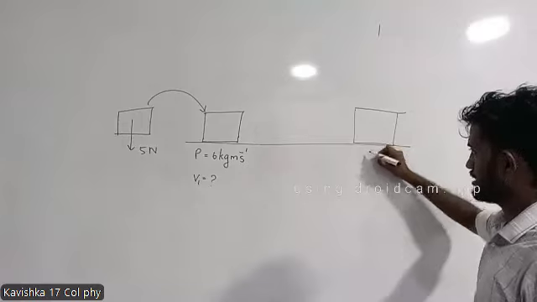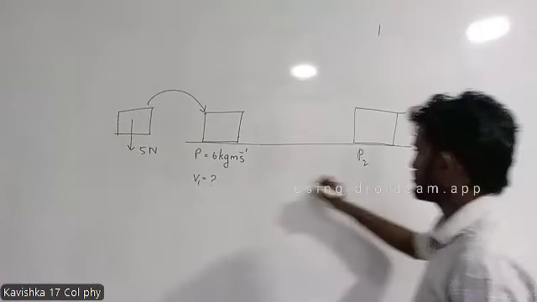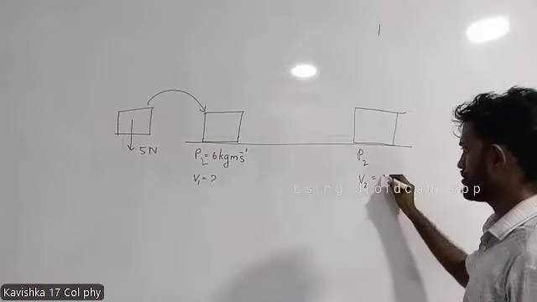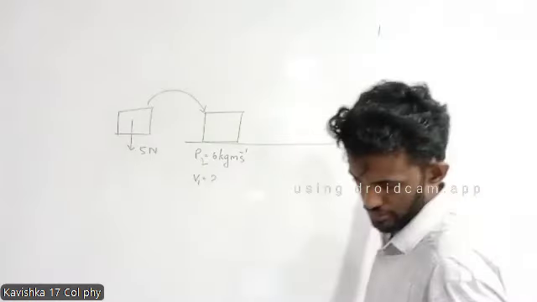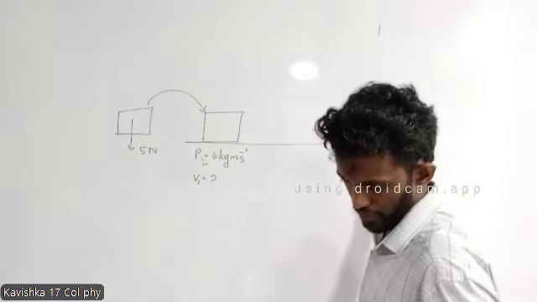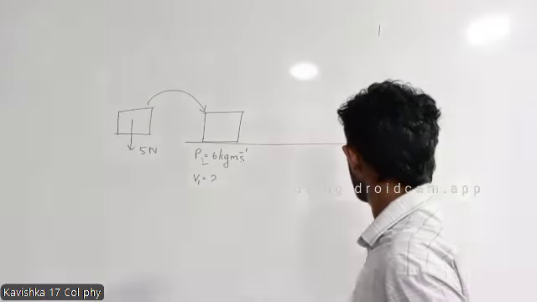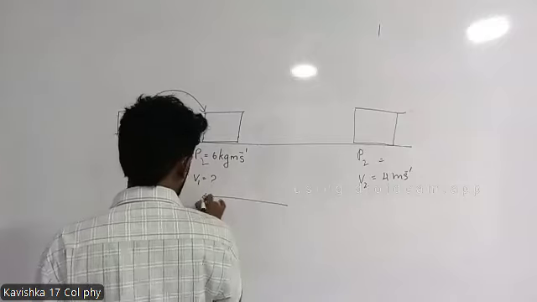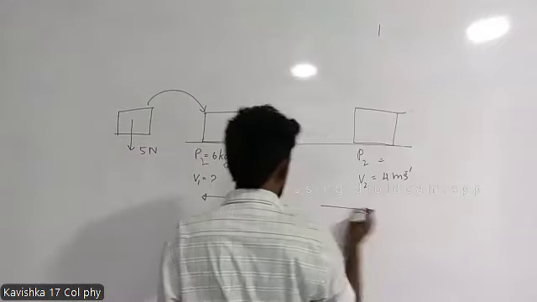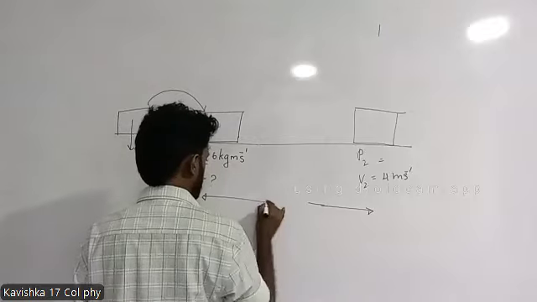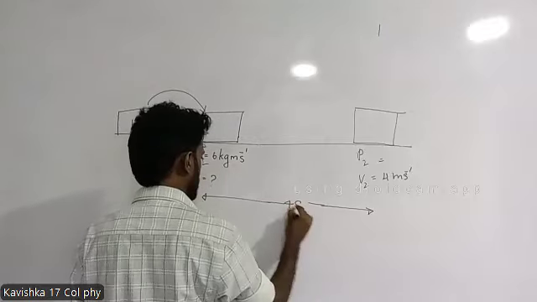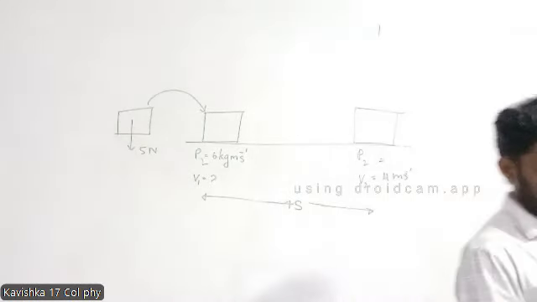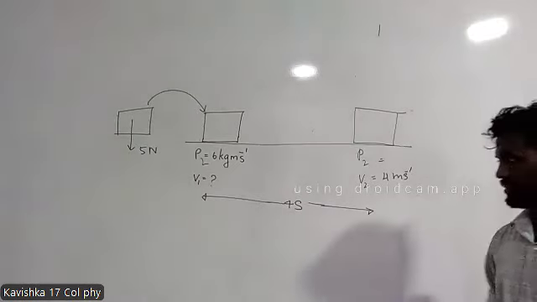At the next level we know p2, and the velocity they mention as v2 is 4 ms minus 1. The time taken from v1 to v2 is 4 seconds.